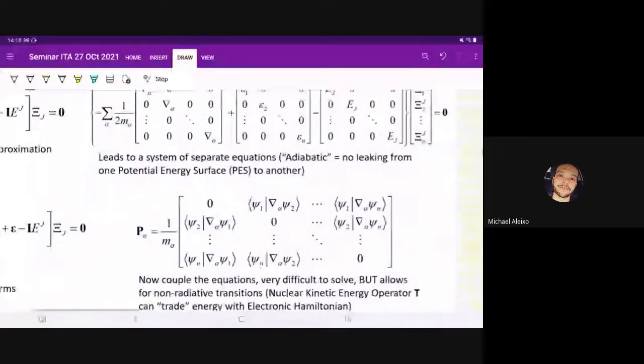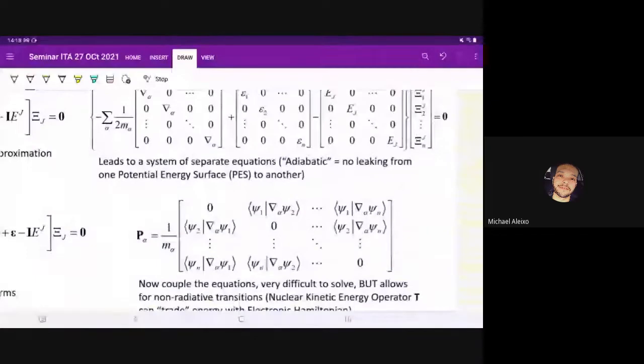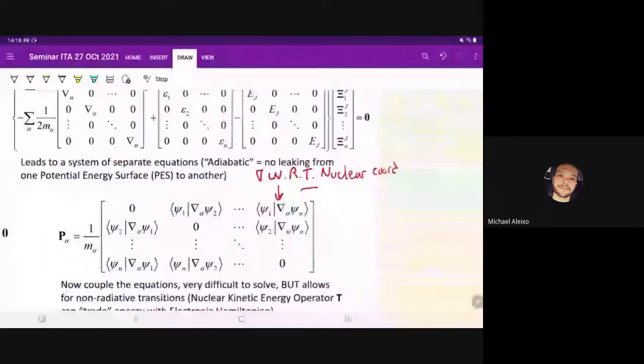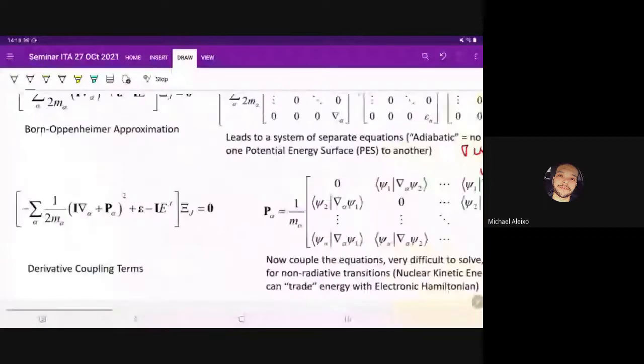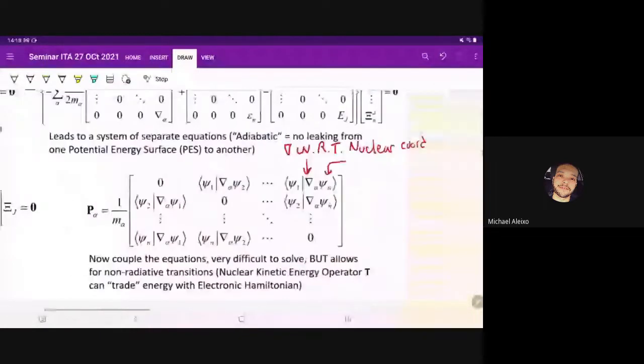So this is kind of the kicker here: this is a derivative with respect to nuclear coordinates, whereas what it's taking the derivative of is an electronic wave function.